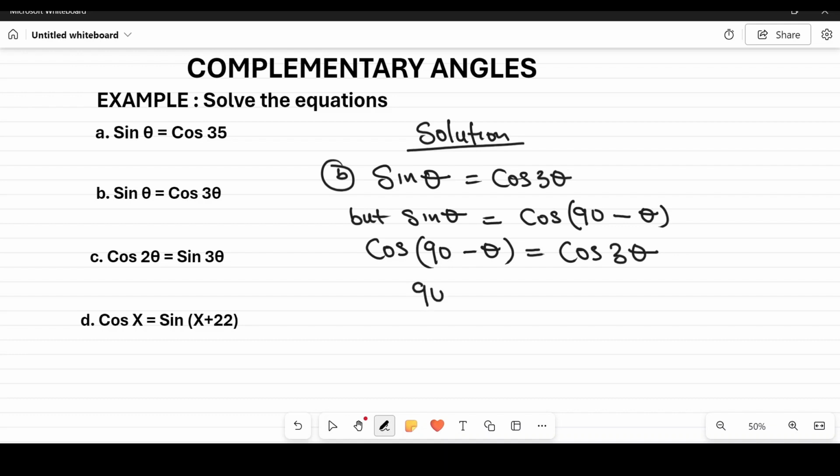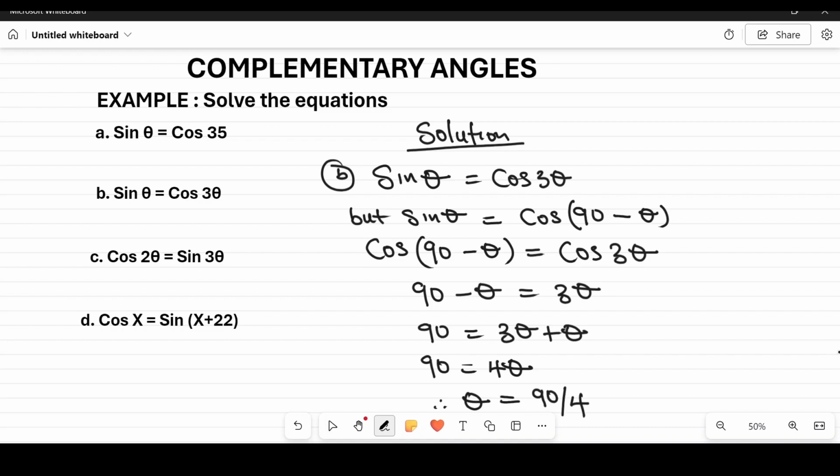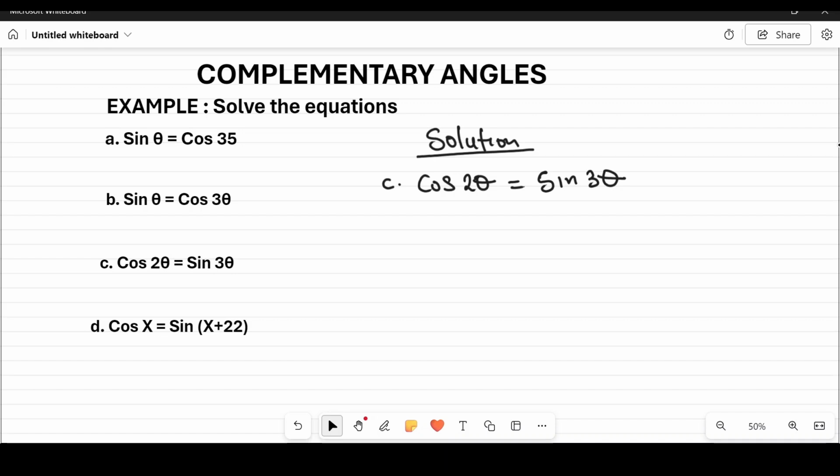Now we have that 90 minus theta will be equal to 3 theta. 90 will be equal to 3 theta plus theta if we move theta to the right hand side. So we have that 90 is equal to 4 theta. Therefore, theta is equal to 90 divided by 4, which is equal to 22.5 degrees.